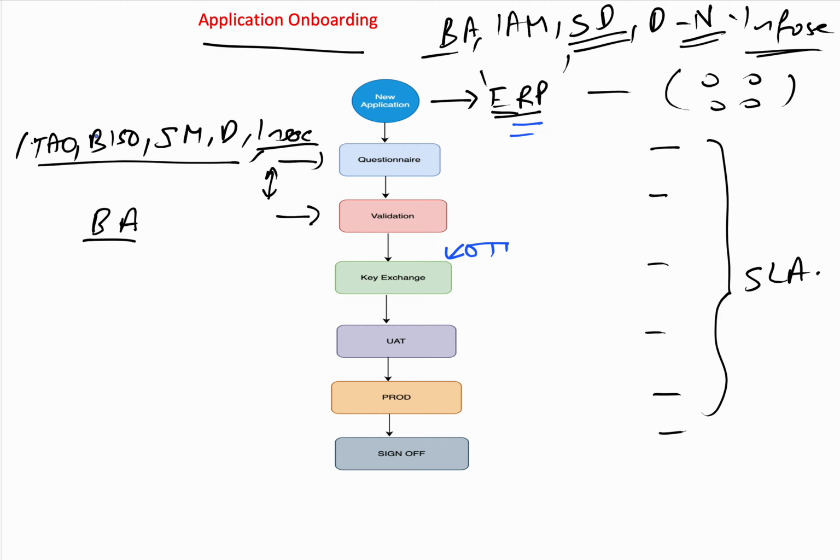Then you have UAT. UAT is user acceptance testing. Once the application is made by the developer, it is sent to the testing team, or even if it's ERP, it will be sent to a bunch of users to test the application out and let them know if there is any issue.